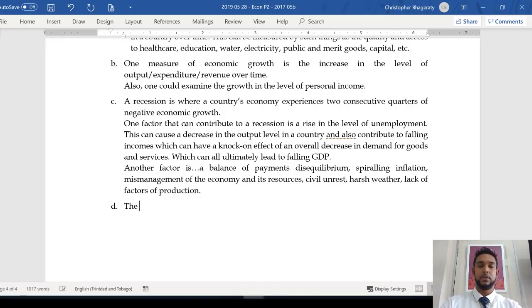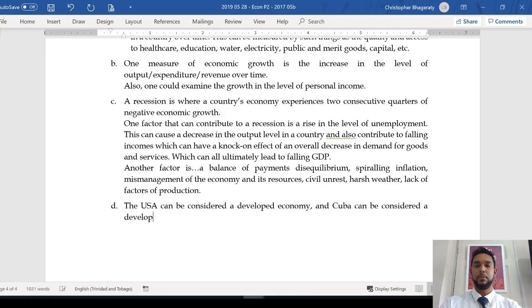All right, so the USA can be considered a developed economy. And what country do you think may be a developing economy? Cuba. Cuba can be considered a developing economy.